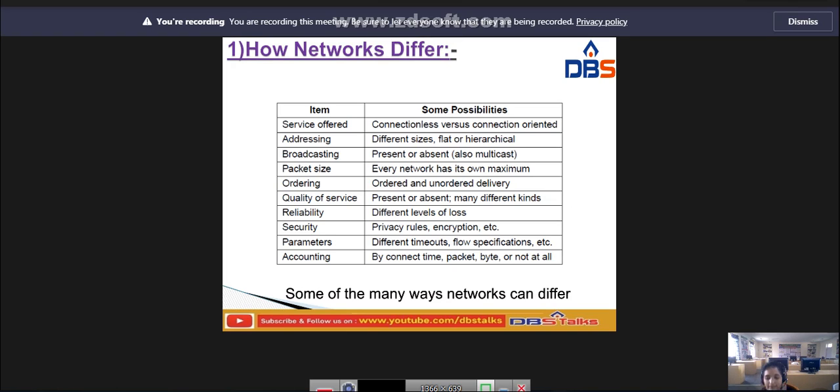And next, packets sent by the source on one network must transit one or more foreign networks before reaching the destination network, which may be different from the source network. So many problems can occur at the interface between the networks. That is how networks differ. So this is the first one.